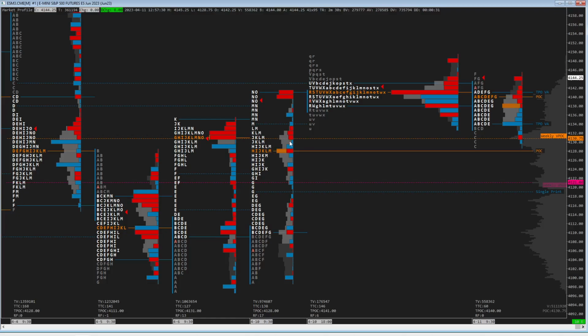And we use TPO to look at market structure. It just makes looking at whether we're in balance, out of balance, are we cleaning structure, leaving structure behind, all that stuff much more palatable for our eyes rather than trying to dissect this with something with a little bit more subjectivity like candlestick charts.